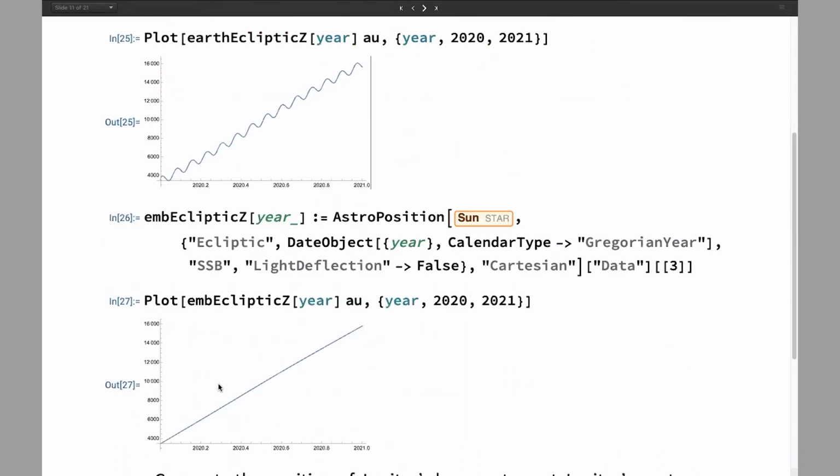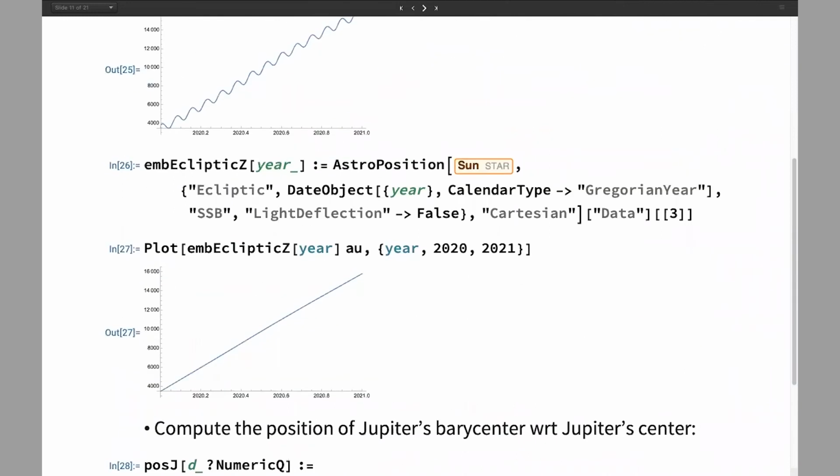What I wanted to say is that, rather than looking at only 1 year, let's look at 100 years. Now what we see is this curve.